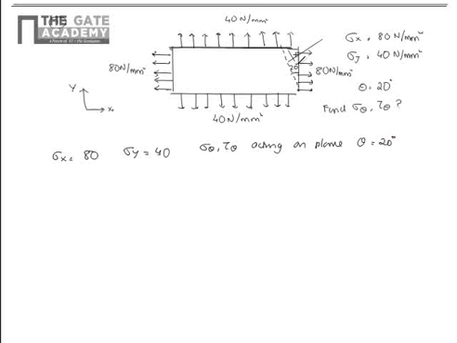Now we have sigma theta is equal to (sigma x plus sigma y) by 2 plus (sigma x minus sigma y) by 2 cos 2 theta plus tau xy sin 2 theta.